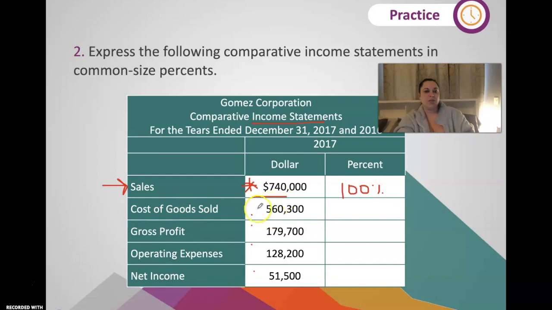So cost of goods sold, you're just going to take this number divided by the base, the 740,000. So 560,300 divided by 740,000. Remember, multiply that by 100. I got 75 point, and it keeps going, so I'll just do one decimal place. 75.7%.